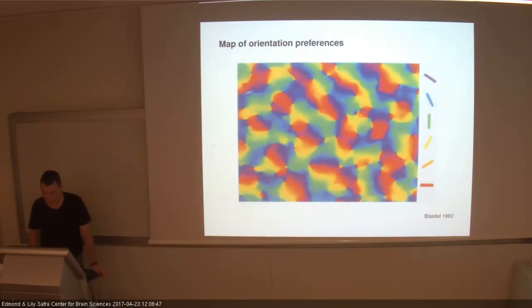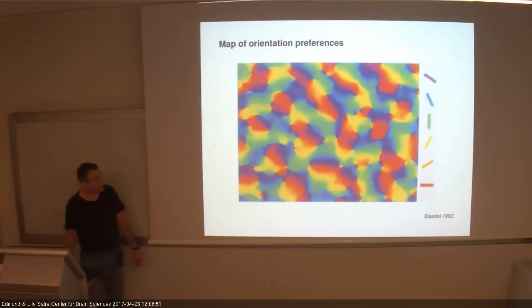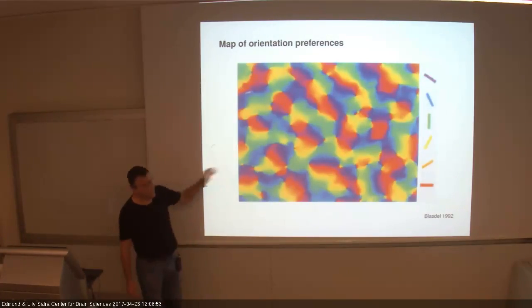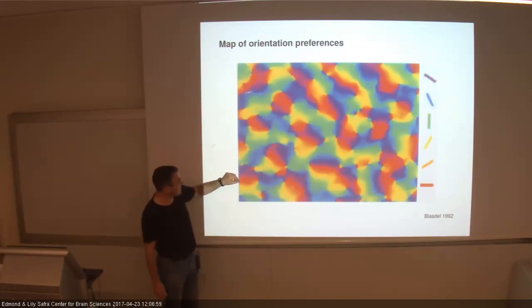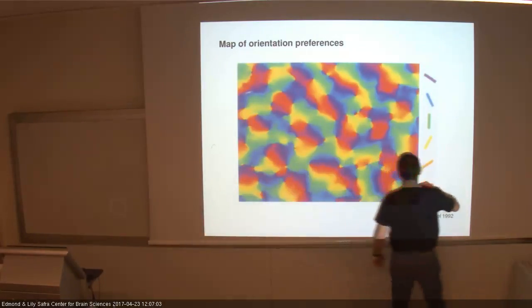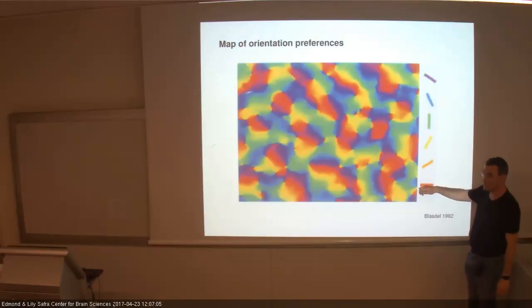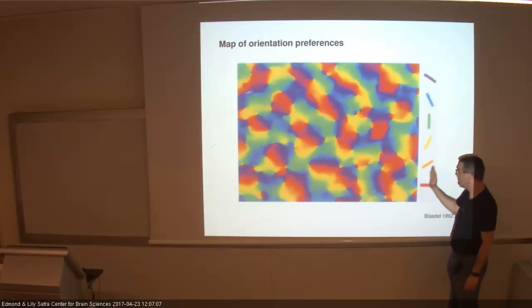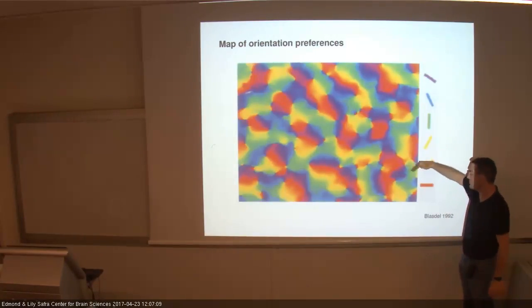I think given the quality it was voltage sensitive dyes, but basically you present different stimuli to the animal, and you look for a particular stimulus, let's say this stimulus, which region responded the most, to what orientation, or to what stimulus was the response highest.